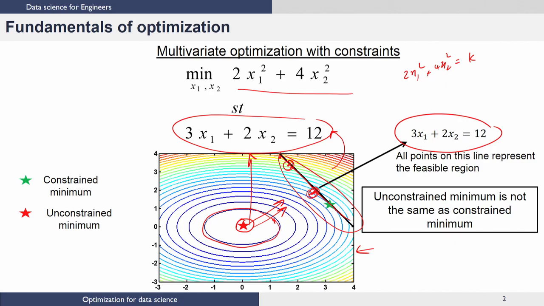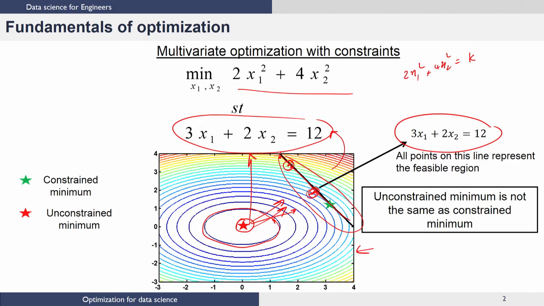So, if I am willing to give up something, that basically means I am going and sitting on different points on these contours, and as I am pushed away and away from this minimum point, I am losing more and more in terms of the objective function value, that is, I am increasing the objective function value.